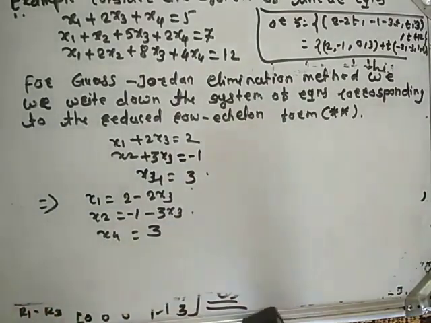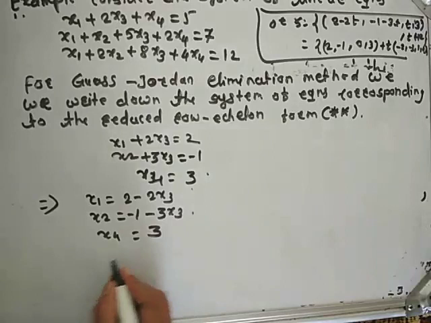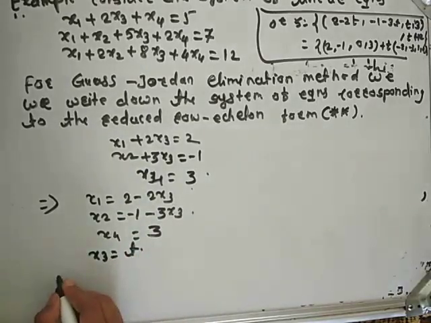Again here x3 is a free variable. Put x3 equal to t.